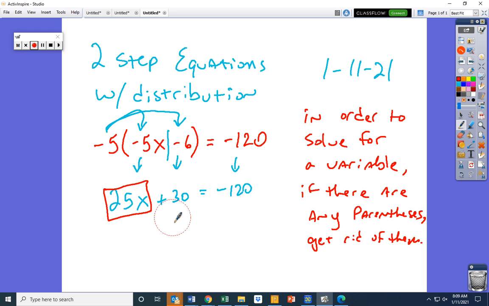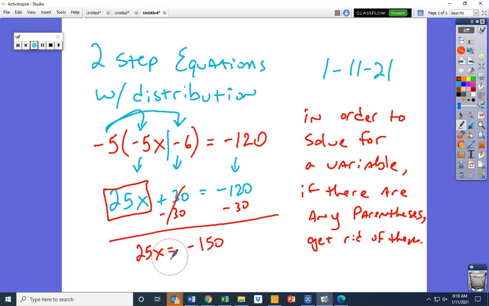Plus 30. Now how would I get rid of that? Minus 30, so minus 30 on both sides. Those cancel. I have 25x. Now, negative 120 minus 30 would be what? Negative 150. So, 25 times something is negative 150. And I know it's going to be negative, so I'm going to divide each side by 25.